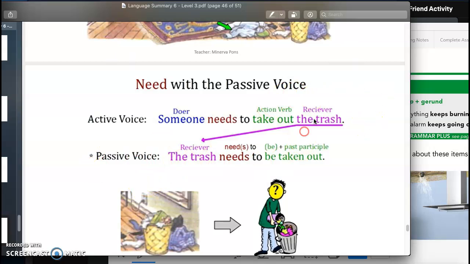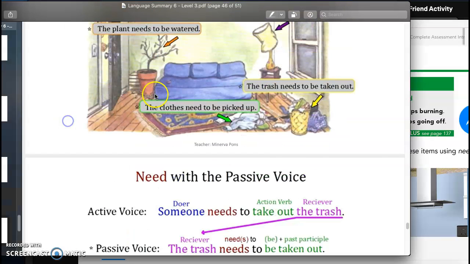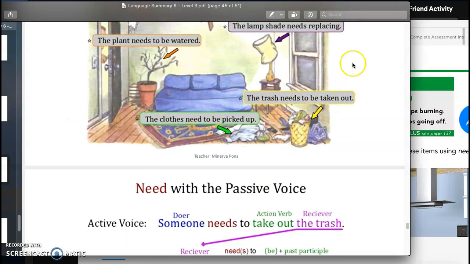In the passive voice, we eliminate the doer, we eliminate the person that does this action, and we put the receiver, the thing or the person that receives the action, and we say the trash needs to be taken out. We have the verb to be in here, the base form, and then the past participle. As you guys can see in here, it needs to be adjusted. It needs to be fixed. It needs to be taken out, need to be picked up, needs to be watered.